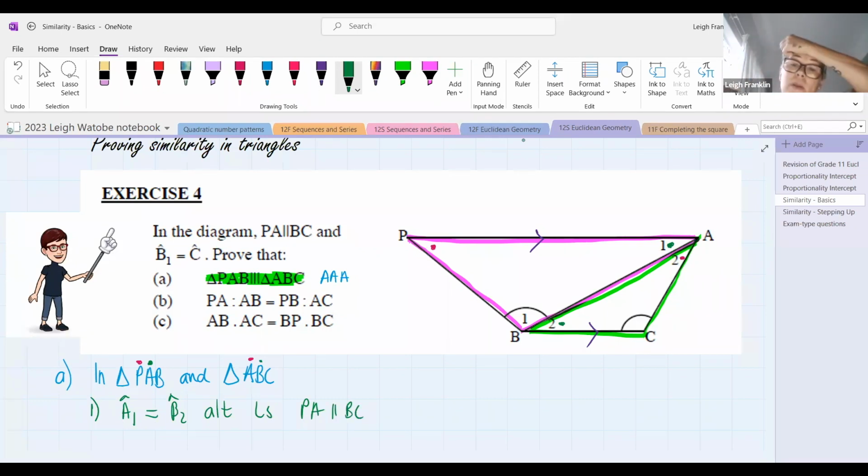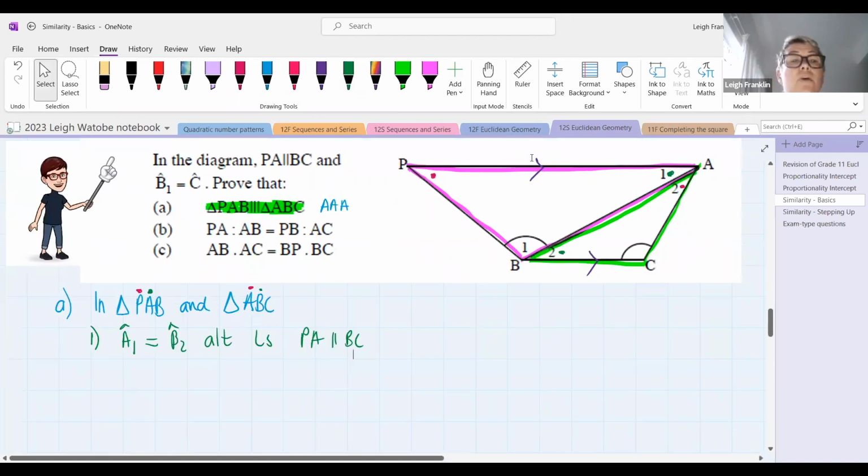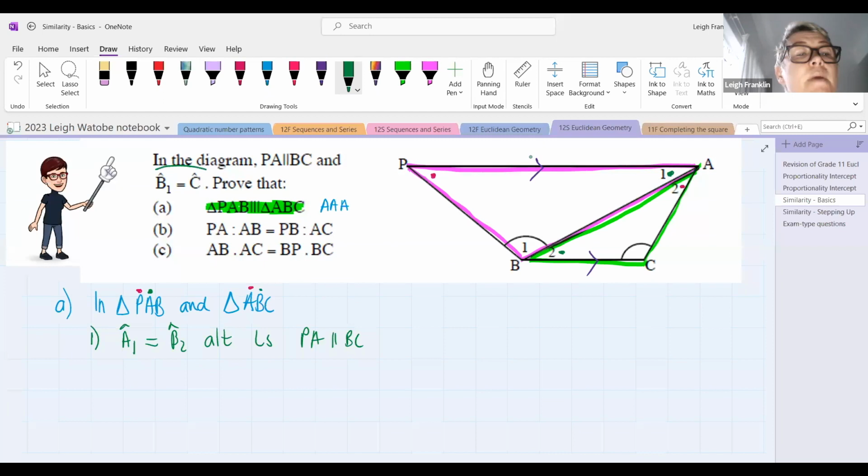Cool. There's one more. Because then we can conclude that the third pair of angles that are left over must be equal because of angle sum in triangle. So now go back, look at this information that was given to us here. They told us B1 and C were equal to each other.